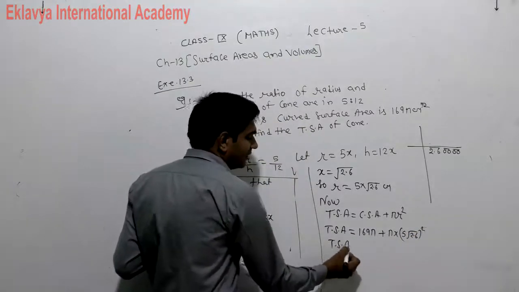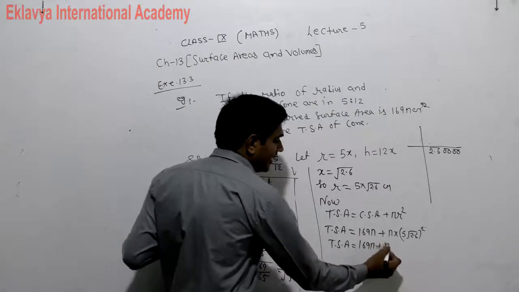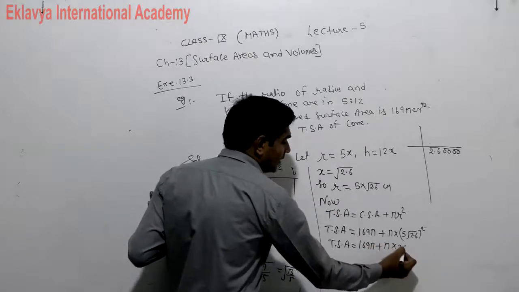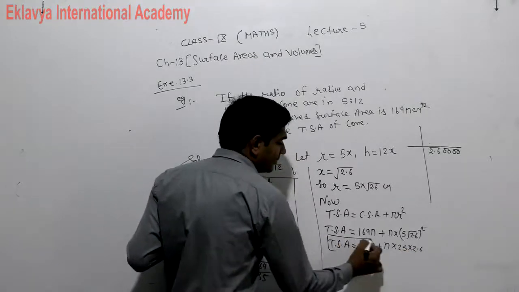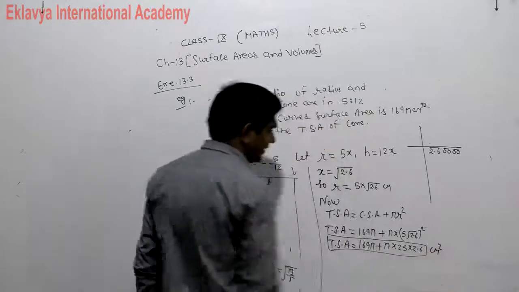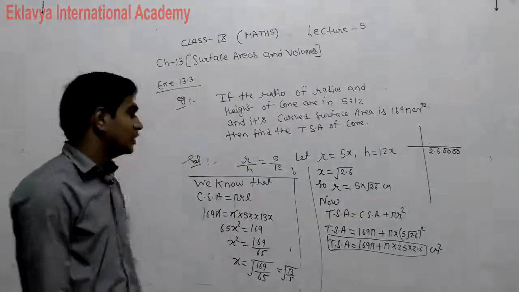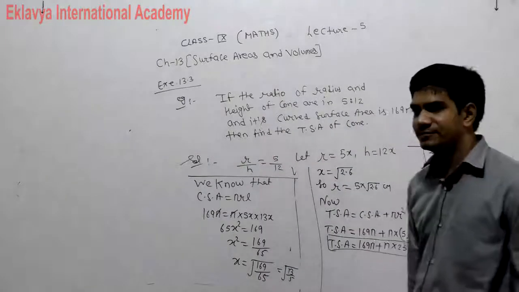So its TSA will come 169 pi plus pi times 5 square, which is 25, multiplied by 2.6. Then you can simplify. The answer will come in centimeter square. So that is the total surface area of the given cone.